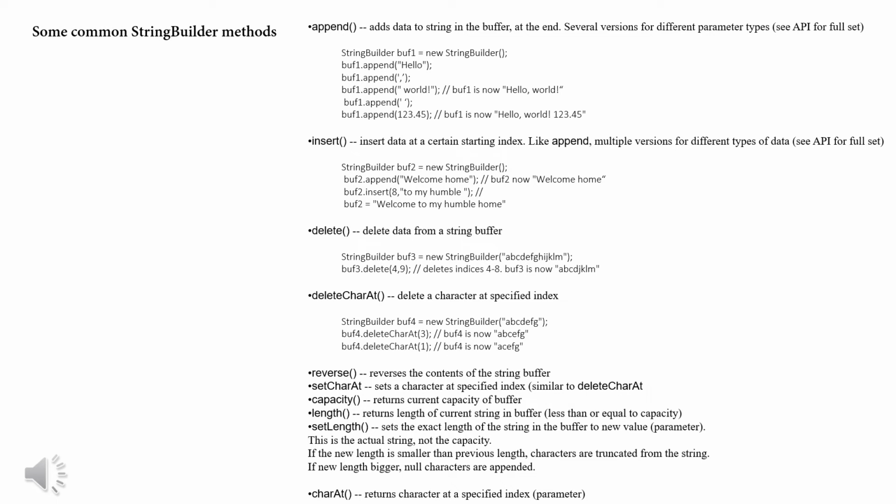So you will write buffer2.insert(8, ...), where 8 is the index of the location that you are going to add to, and then comma, that string, for example here "to humble". So now buffer2 is a string with the value of "welcome to my humble home".